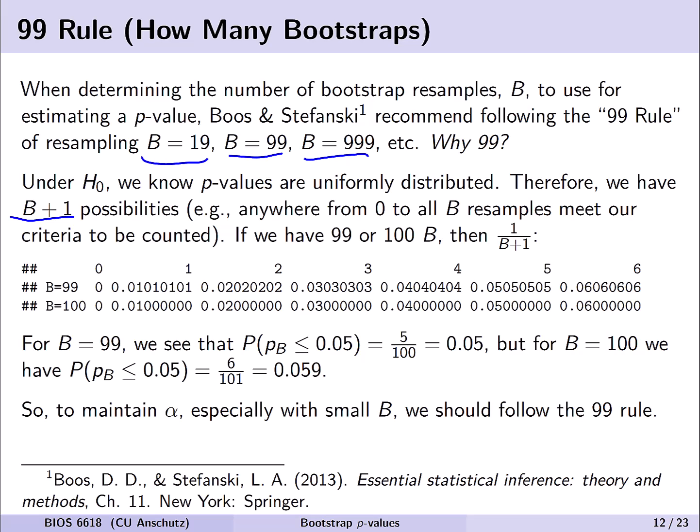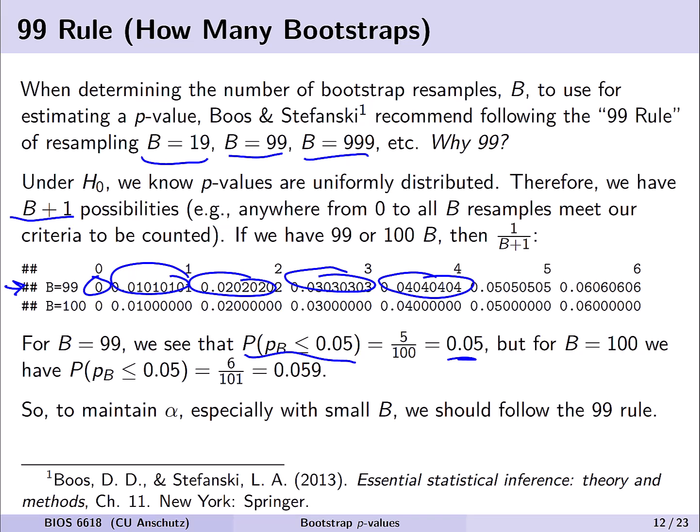So for example, we see below in our little R output that we just make a sequence of values from 0 to 1, breaking it out to be of length 100 if B is 99, because again, B plus 1, or of length 101 if B is equal to 100. What we see is that for B equals 99, if we're calculating the probability of an equal chance of a p-value being less than or equal to 0.05, we have 5 instances: 0, 1, 2, 3, and 4, or 5 total.